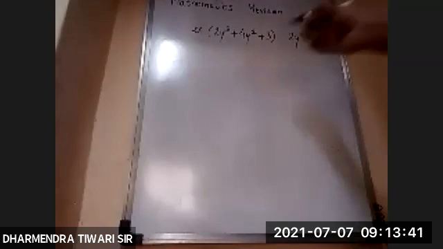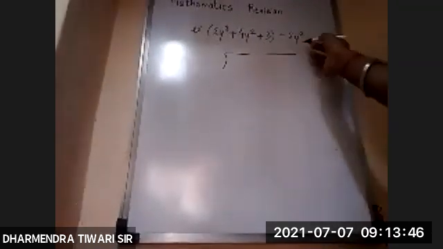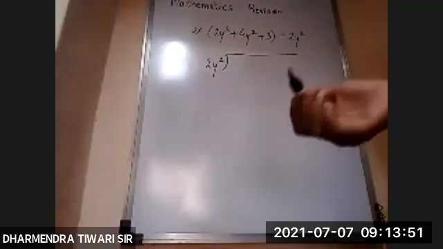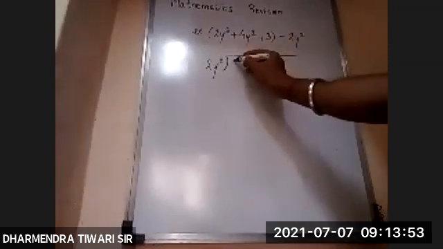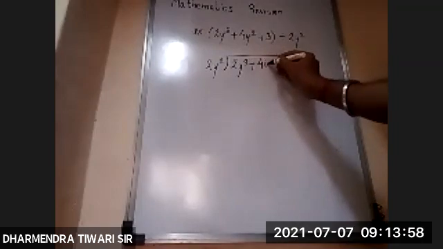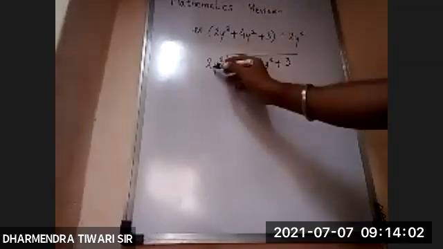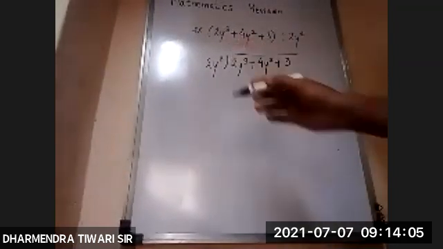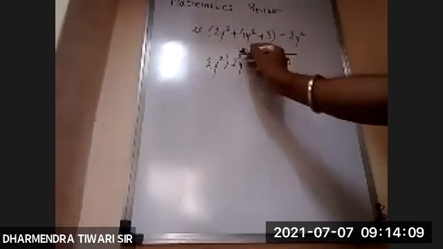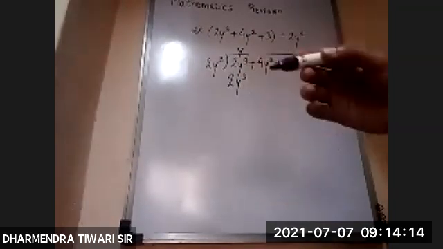Again, we can see that first we check the degree of the divisor. It is less than the degree of the dividend, so division is possible. What will you multiply with the divisor to get the first term of the dividend? y square. So you will get 2y cube.